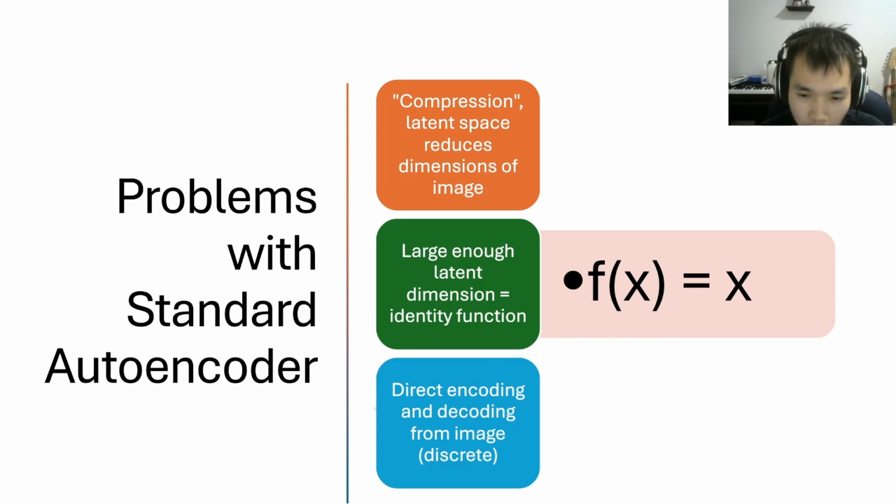The standard autoencoder directly encodes the image with discrete outputs, so there's no variation in the possible latent space variables.